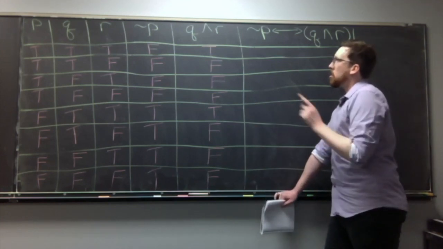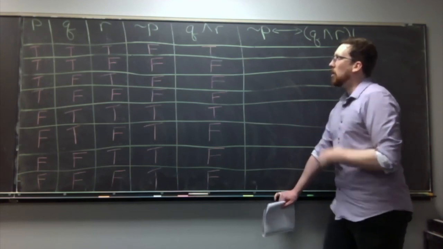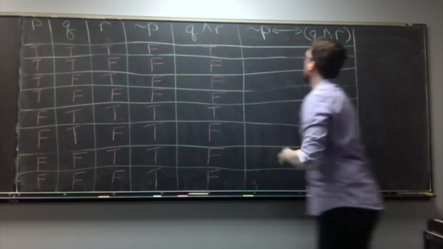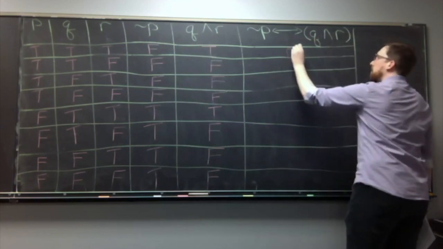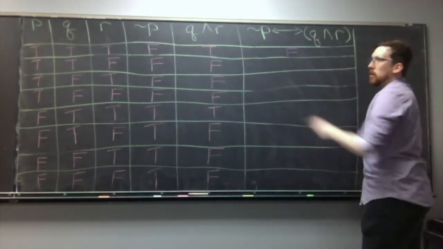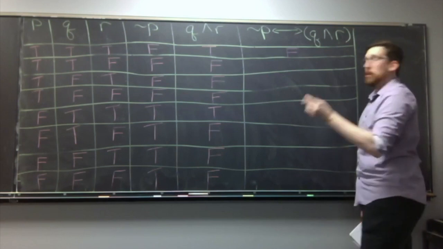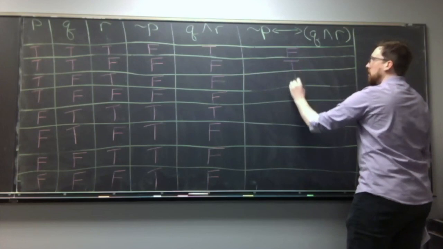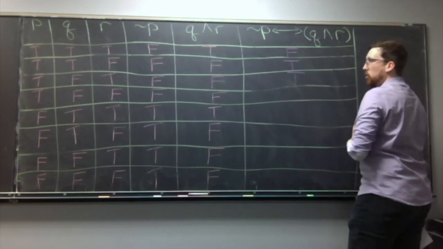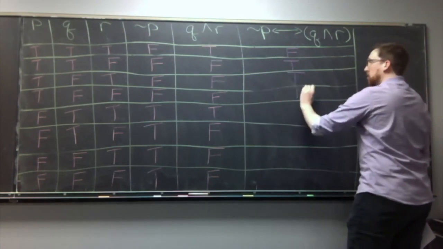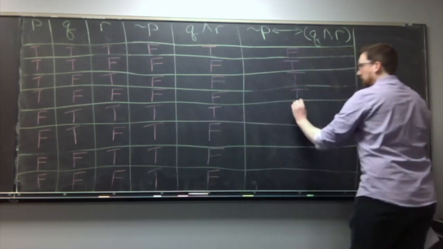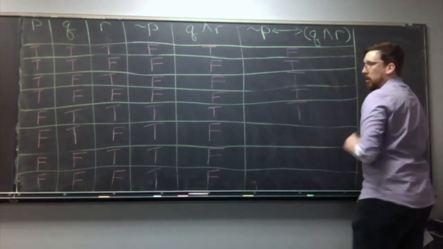So, knowing that, looking at this first case, false and true, well, that's going to have a truth value of false. False and false, they're both the same. So true. False and false, both the same. Again, true. Again, true. True and true is going to be true.